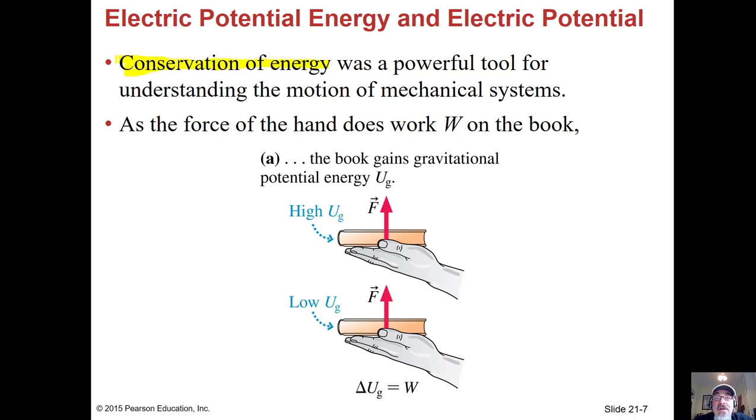It was kind of like doing accounting back in Physics 220. It's the same thing here. We'll just have a new kind of energy called electrical potential energy. In this picture, the hand is doing work on the book, and the book gains gravitational potential energy. So we can have the same thing, and we will have the same thing in this chapter.